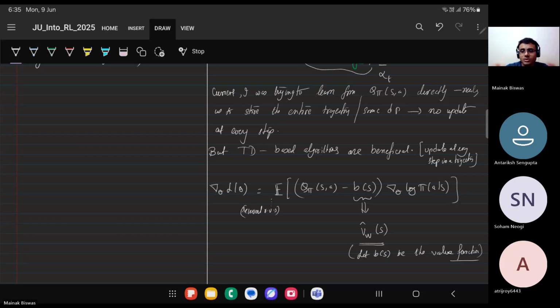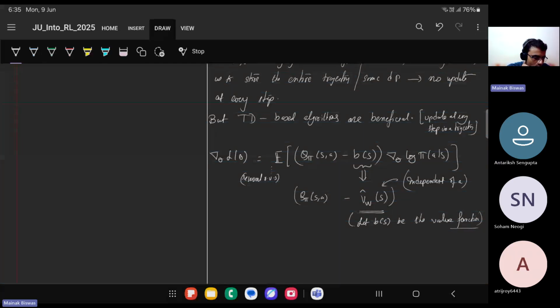Okay. So let's say it is still going to hold for any baseline function. It can be a function of S, just cannot be a function of A. Correct? It's still independent of A. Fine. So you see, I can still do even better than this.